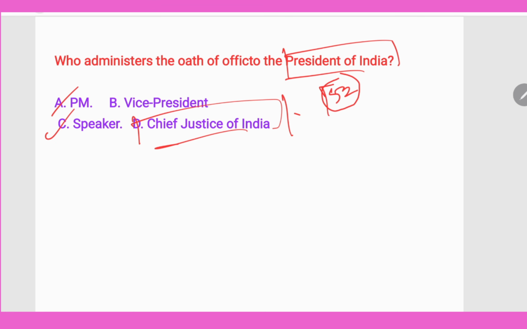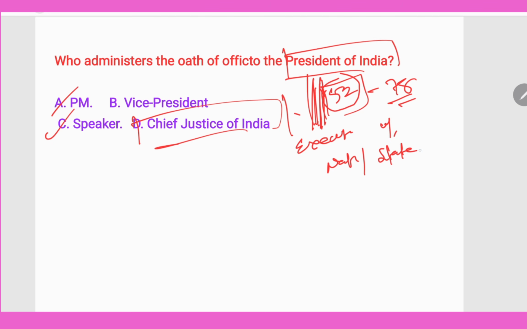Okay, Articles 52 to 78 say about the president, and the Indian president is the executive head of the state, the executive head of the country or nation.